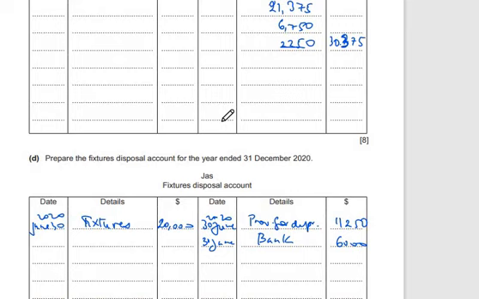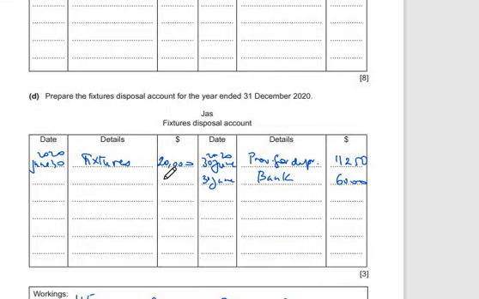Now, if we have to debit income statement, it means we have made a loss on disposal. If we have to credit income statement, it means we have made a profit on disposal, meaning the asset has been sold at more than its net book value, right? So if you try to balance off this disposal account, we'll take 11,250 plus 60,000.